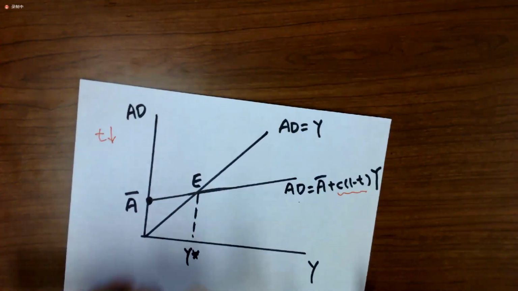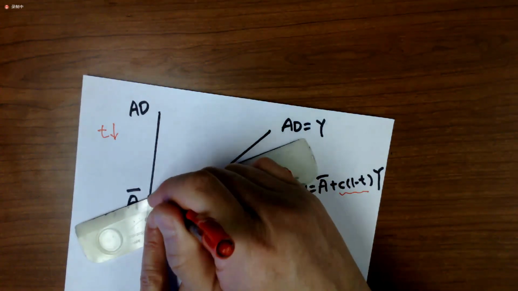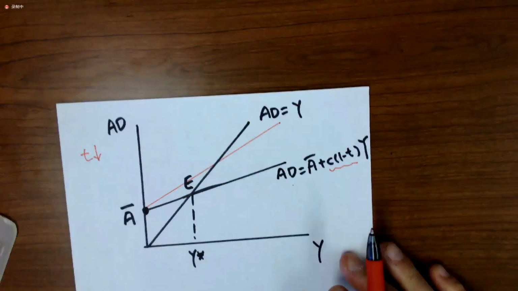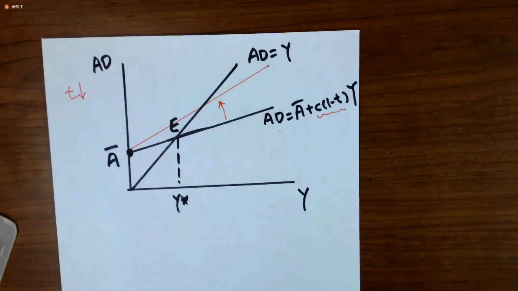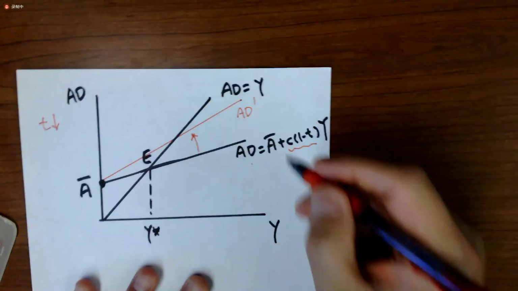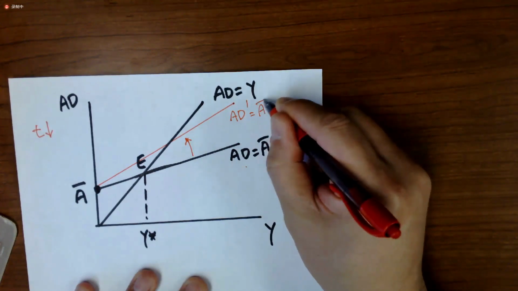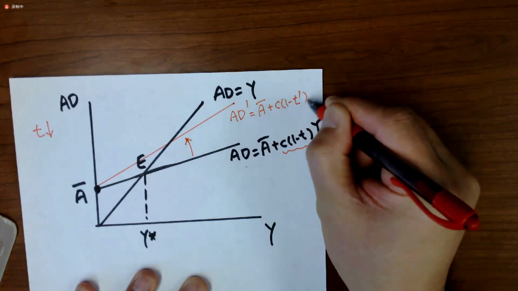So therefore, the new aggregate demand schedule will become steeper. It's going to be my AD prime, which is equal to the same intercept plus C1 minus T prime times Y. Agree?